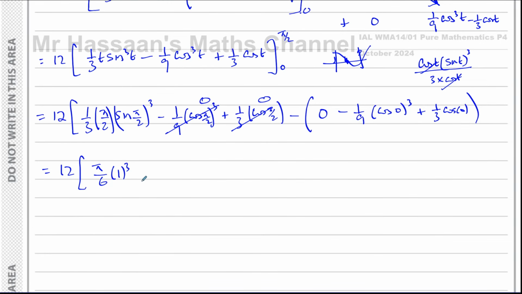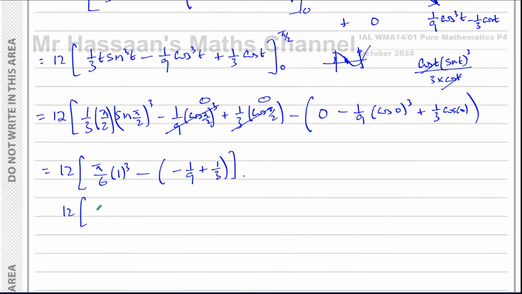Okay, and you're going to have this minus, and cosine of 0 is 1. You're going to have minus 1 over 9, and that's also 1, so plus a third. If you make this over 9, that's 3 over 9 minus 1 over 9, that's 2 over 9.